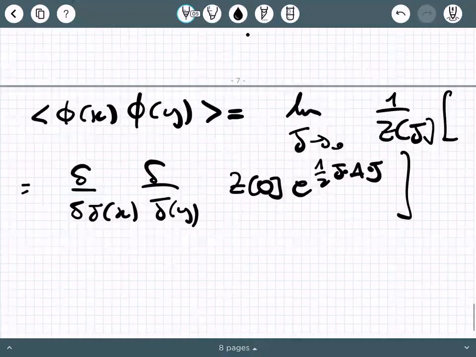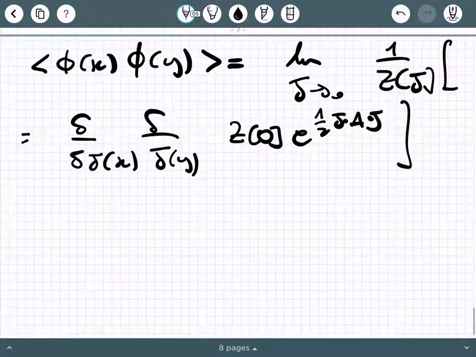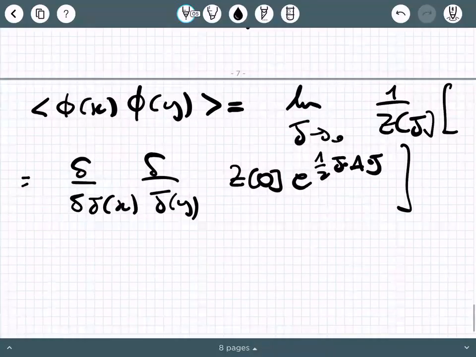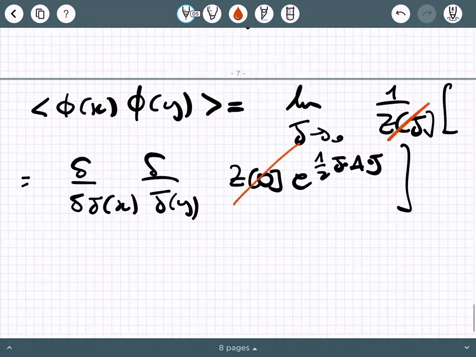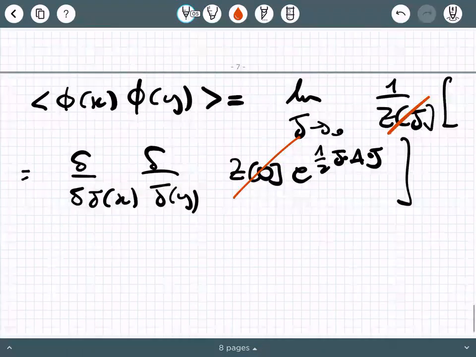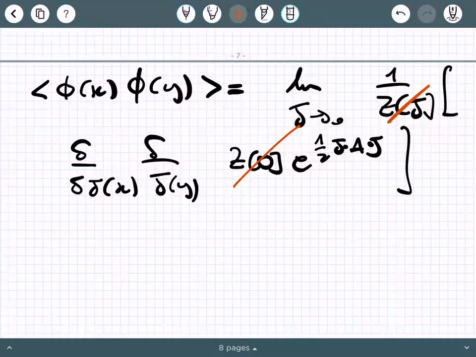Just applying the definition, right? Nothing more, nothing less. As before, I can completely forget about this. And all I have to do is to take the second derivative with respect to the sources of this function out here, and then eventually set the sources to 0.